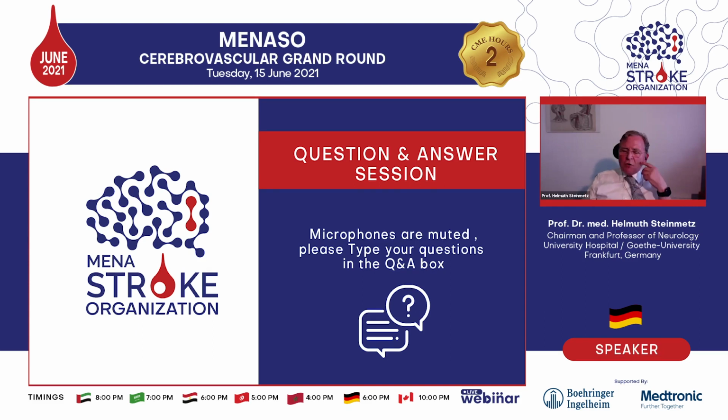So, as I showed, there is a risk in dual antiplatelet treatment, and the longer you take it, the higher the risk. That's why the guidelines are so cautious about it and restrict it to 21 or 30 days. And that's what I would do.